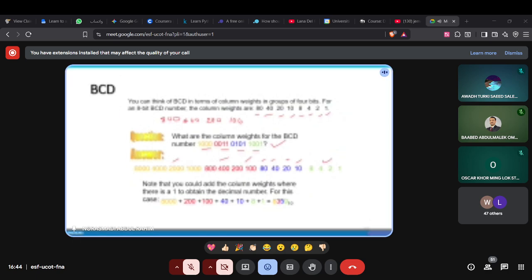Now as you can see, only take the binary ones, of course. You cannot add everything because zero multiplied by any number becomes zero. For example, here for green only 8 and 1. So that's why you just take 8 and 1. For blue only 40 and 10.